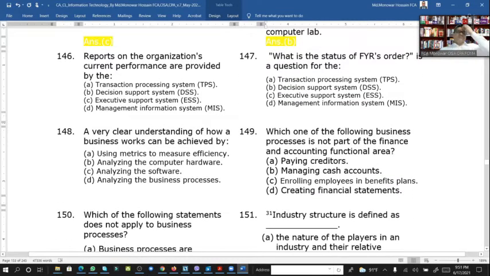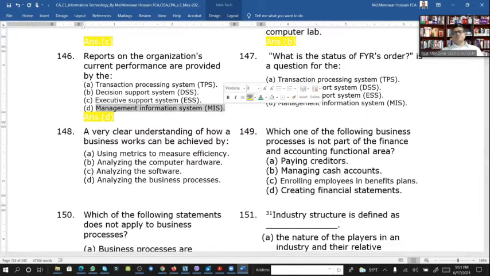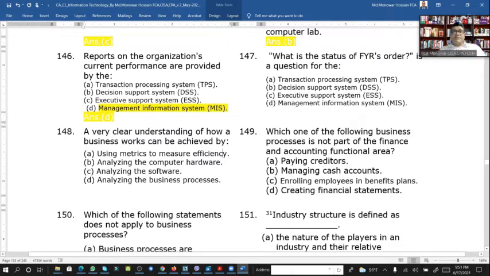Now, reports on the organization's current performance are provided by the TPS, DSS, ESS, or MIS? What would be the answer? Management Information System. So reports of the organization's current performance are provided by the MIS.